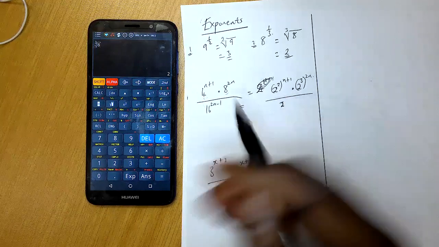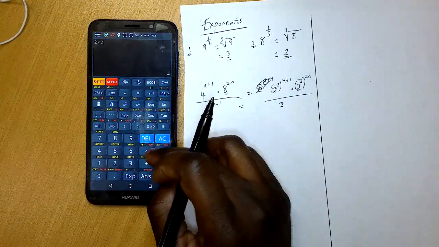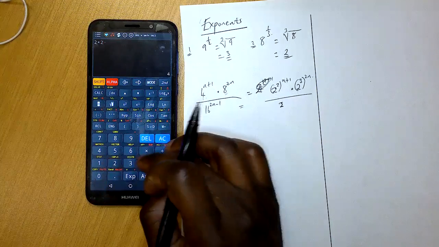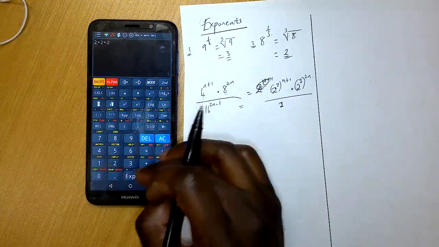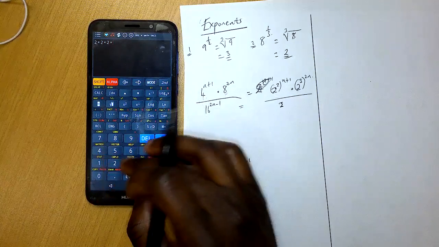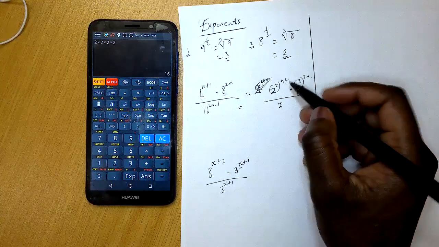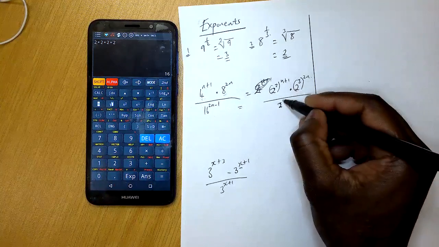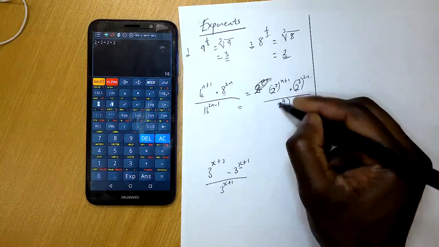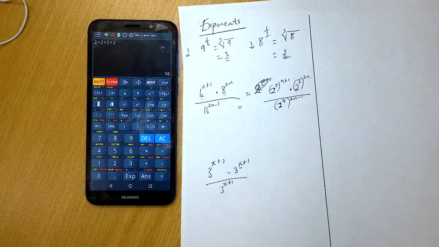the power of what? So we say 2 times 2, okay, so it's 2 to the power of 4, bracket here, n minus 1. That's what we have there. Okay.